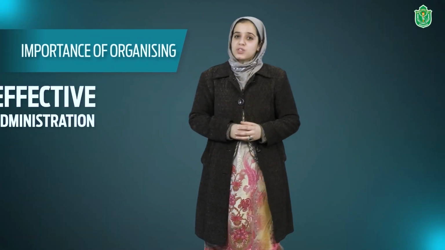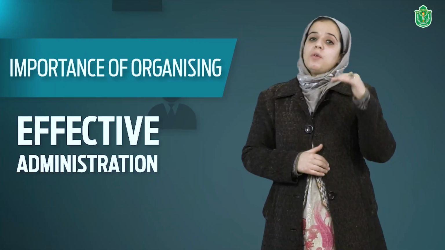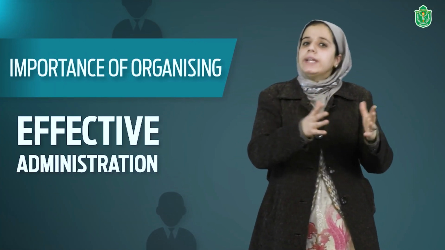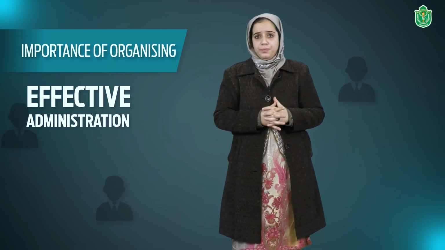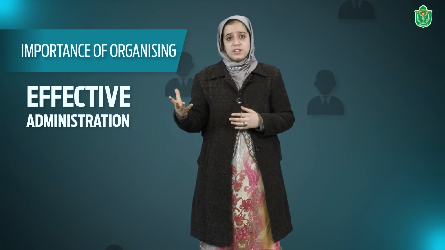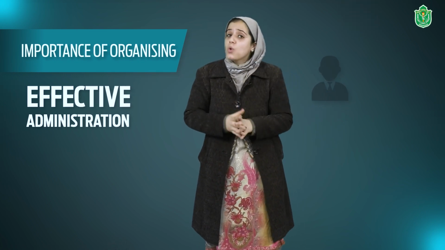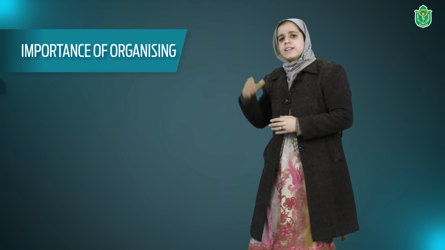Coming on to the next point, that is effective administration. As organizing helps in assigning the activities to each individual, there will be no duplication, no confusion. So it becomes easy for the administration or management to operate and control the activities of the business enterprise. Then adaptation to change.